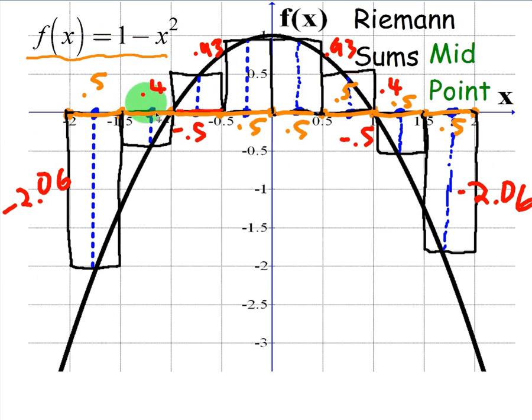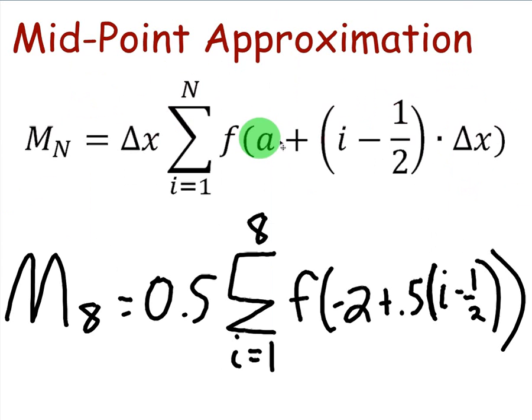Now, how do we get to the next one? Well, when you increase your counter by 1, when this becomes 2, you will be multiplying by 3 halves. 2 minus a half is 3 halves times the width of each rectangle.